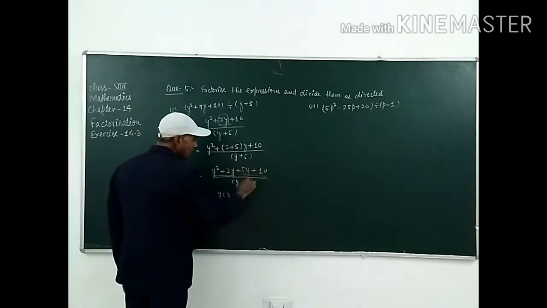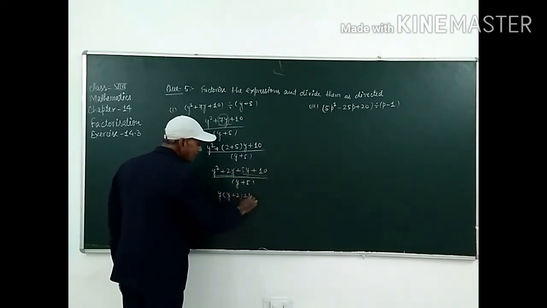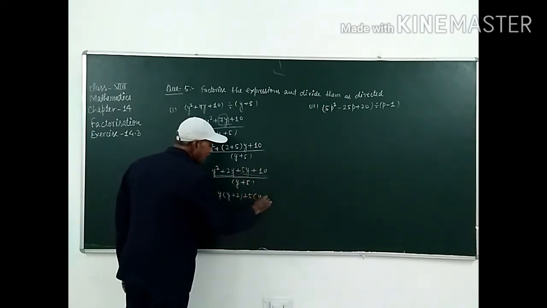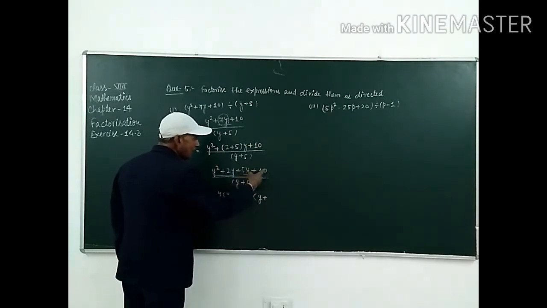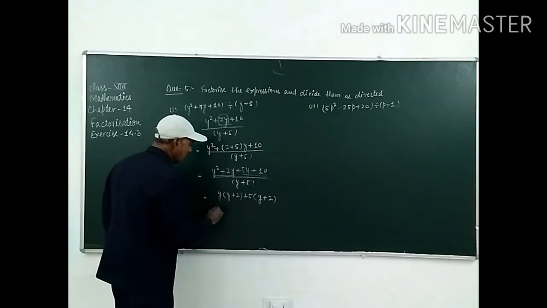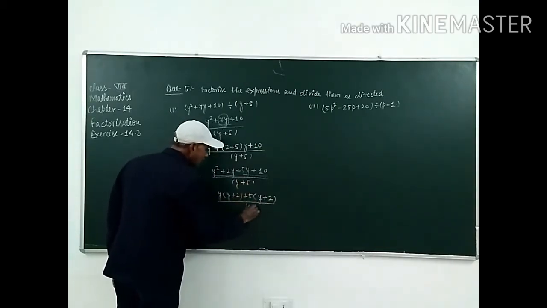And in this part, students, we have to take 5 as common because 10 is a multiple of 5. So we take 5 common, y will remain here, plus 5 into 2 is 10, 2, and after that we have to write the denominator, that is y plus 5.